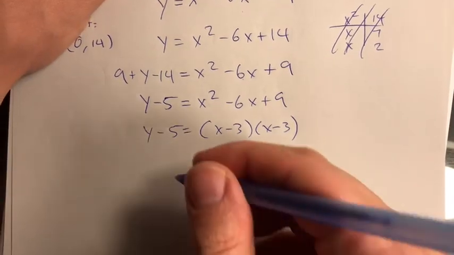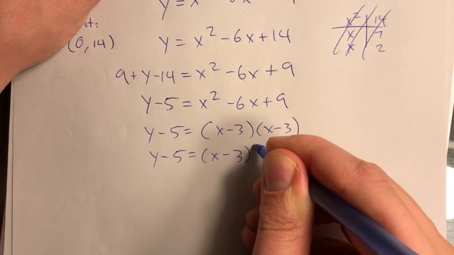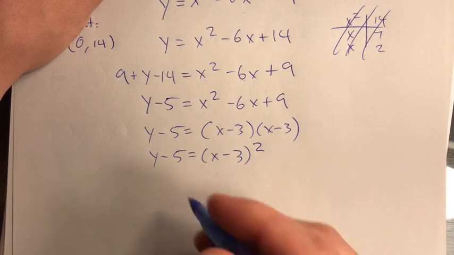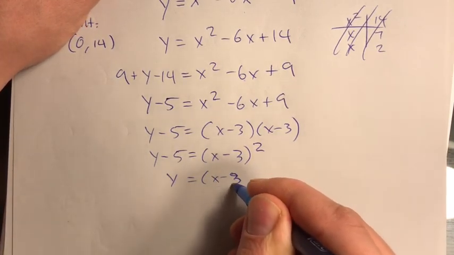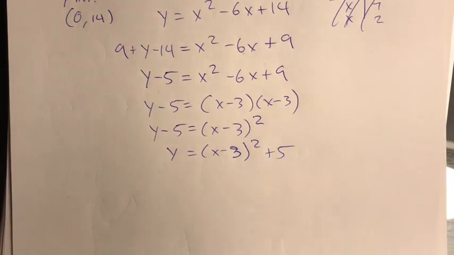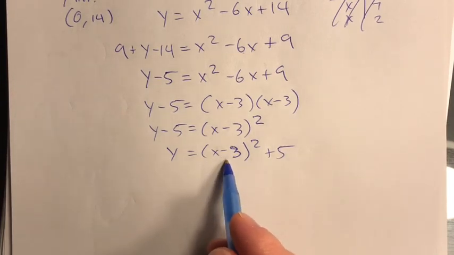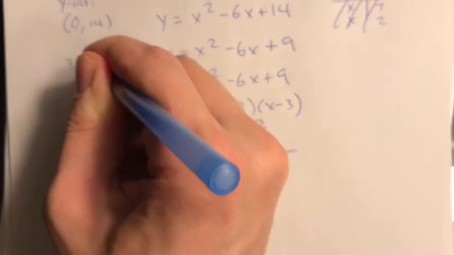And then that can be rewritten: y minus 5 equals x minus 3 squared. And then I would just have to move this guy over. So it would be y equals x minus 3, whoopsies, plus 5. All right. So I've got my vertex now, and my vertex is going to be opposite this, so 3, comma 5. So I'm going to write 3, comma 5 here.